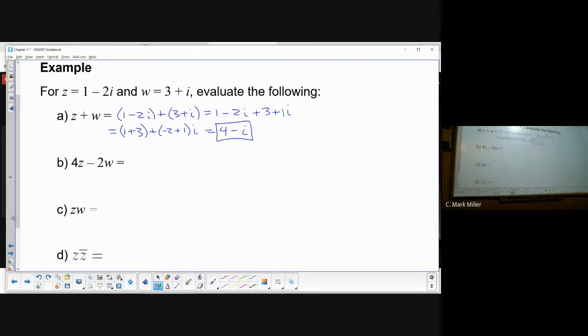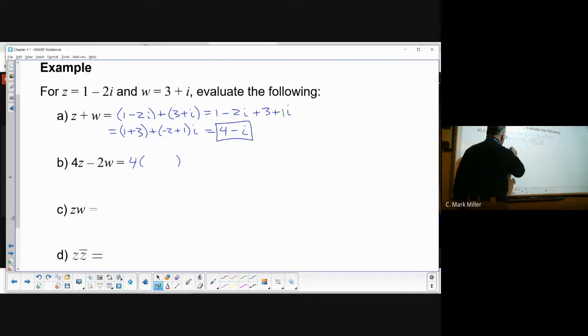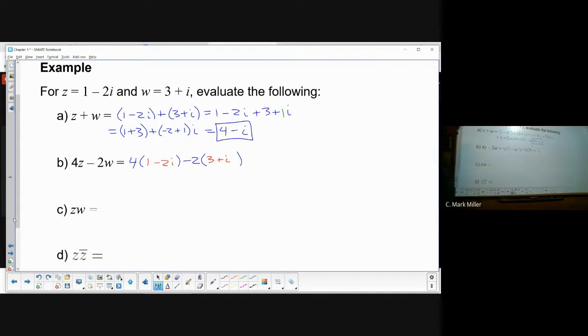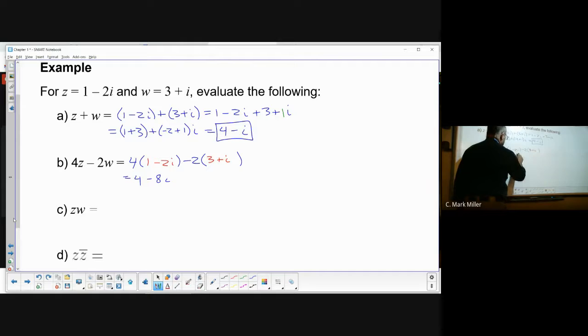Next, we plug in z equals and w equals: 4 times what z equals, minus 2 times what w equals. Multiply things out. 4 times 1 is 4. 4 times minus 2i is minus 8i. Minus 2 times 3 is minus 6. Minus 2 times i is minus 2i.